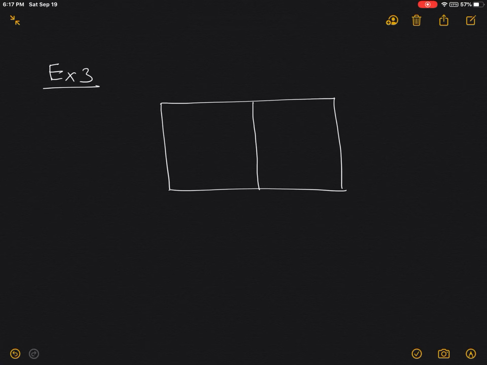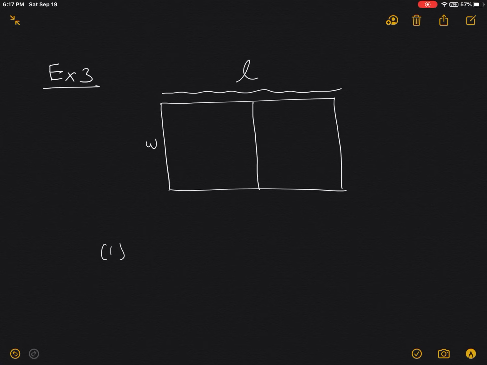Okay, so the picture is already provided for you, and the easiest way I find to do this problem is to simply call this the width, and then call this whole thing the length, right? And so if you want to maximize this area, your equation would be very straightforward.